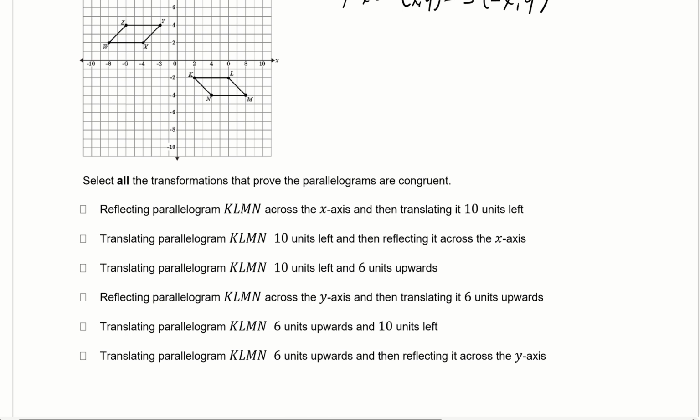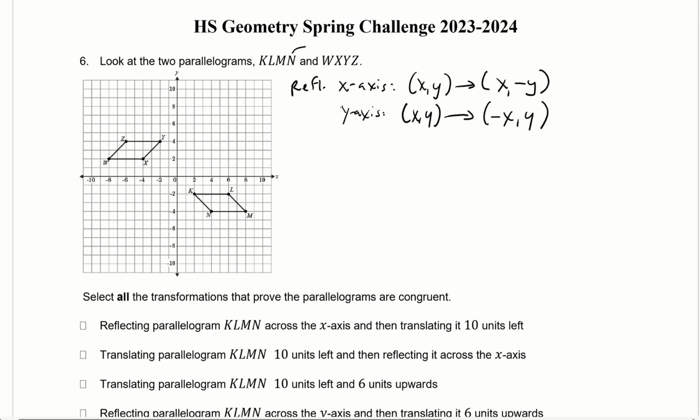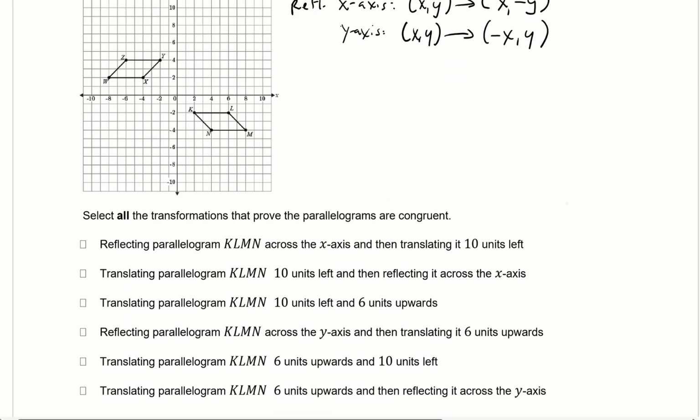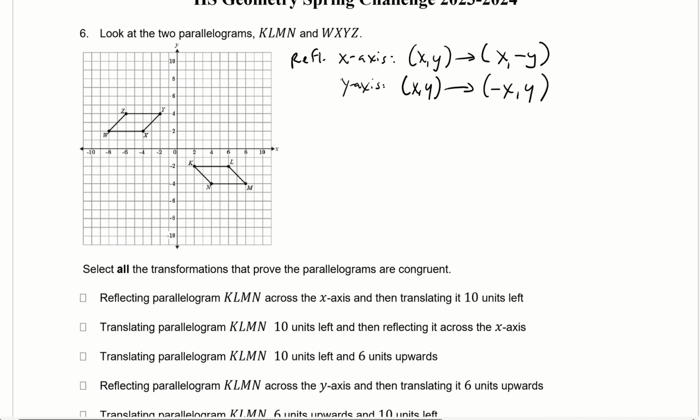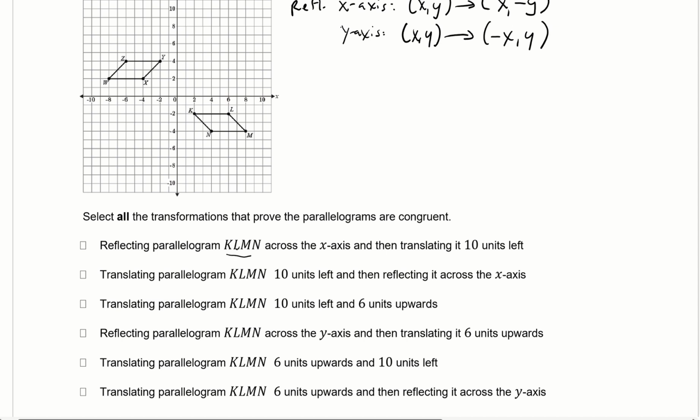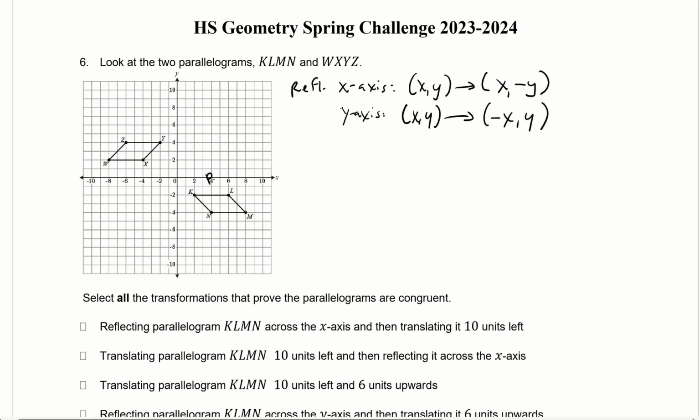It says we're going from here to there. Okay, so you're doing transformations on this. This is going to be the pre-image, and this is going to be the image.